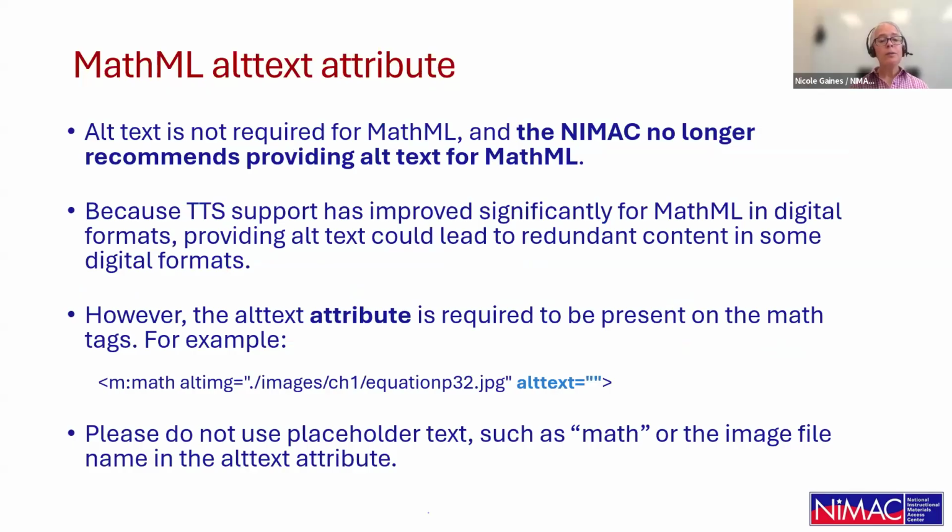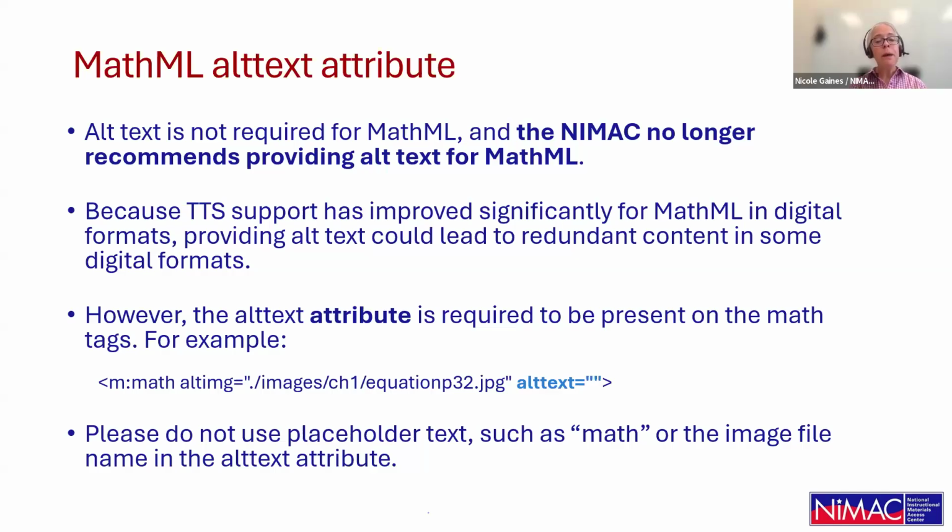One of the things that's a little bit curious about MathML is that generally speaking, we highly advise that alt text be provided for images. We do not advise any longer that alt text be provided for MathML. The reason for this is that text-to-speech support has improved significantly.